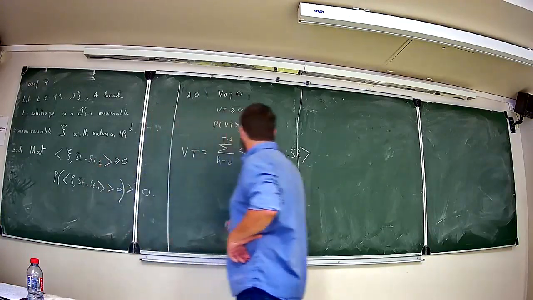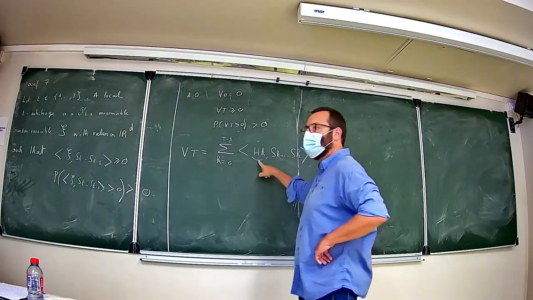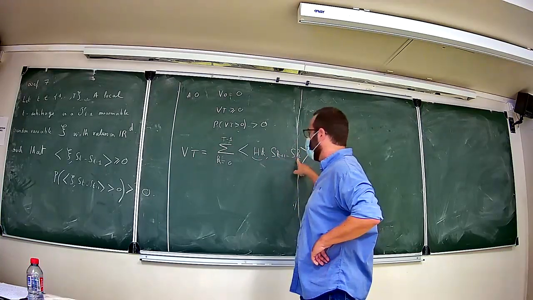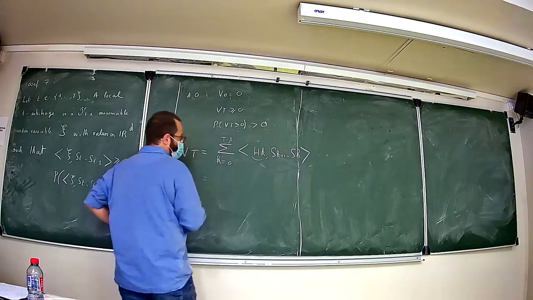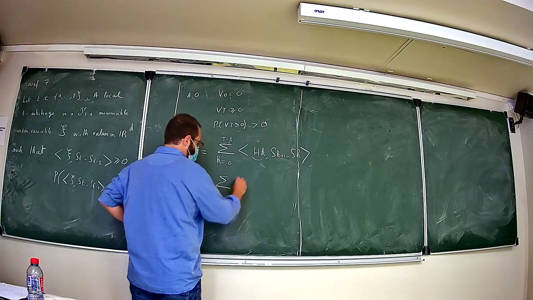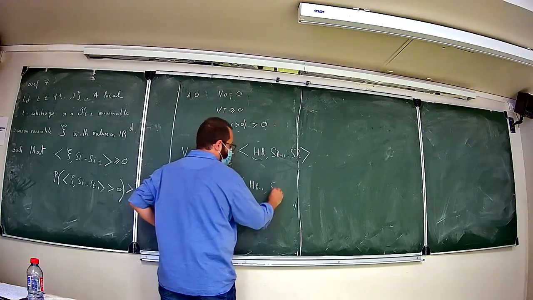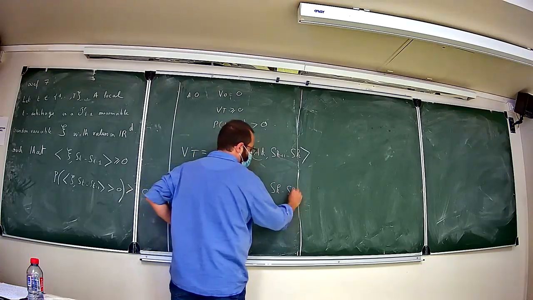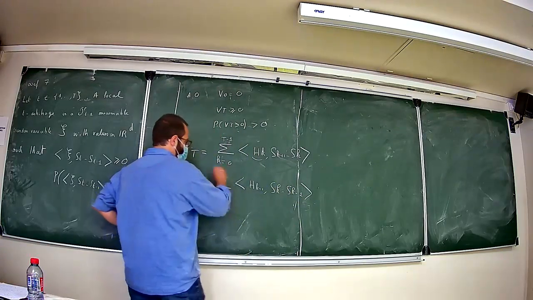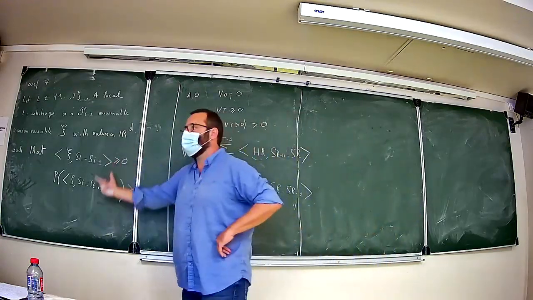Such a term is just an element of this form, because here I have something that is F_k-measurable, and here I have S_{k+1} minus S_k. So I can write it in the following way: the sum of h_{k-1}(S_k minus S_{k-1}) from k equal to 1 to capital T. Such a term is exactly what I have here.